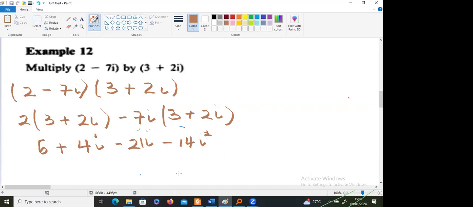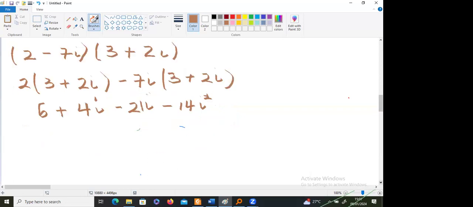It is a negative 14i squared. Is that right? My square is not so clear. I think that is better.